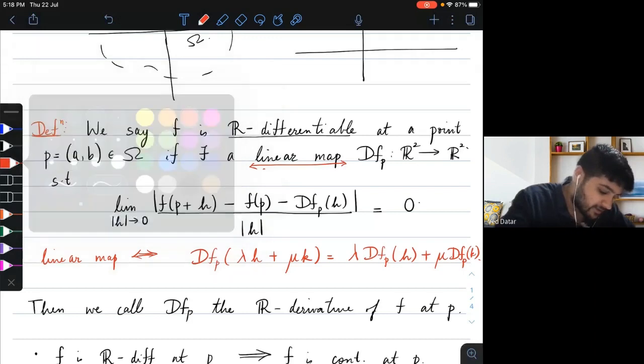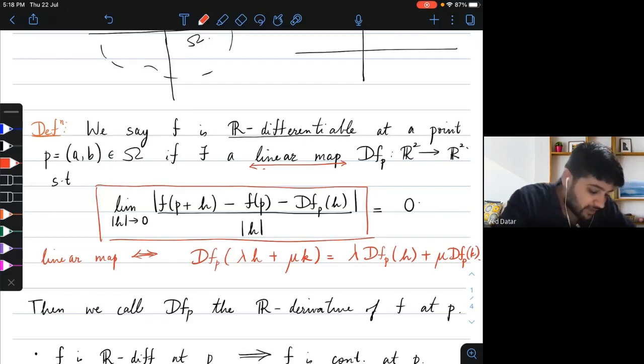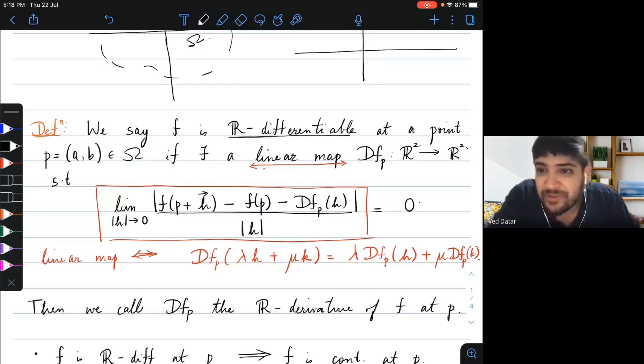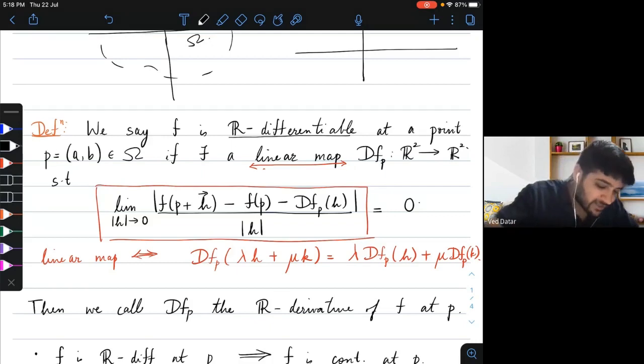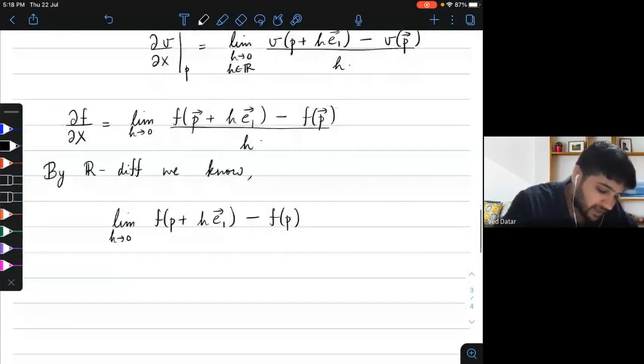This is the definition. Okay, so you have to take f of p plus h, where h is a vector here. So I'm applying this definition to a vector given by h times e1. Okay, so if you apply this definition to a vector given by h times e1, then you basically get this.